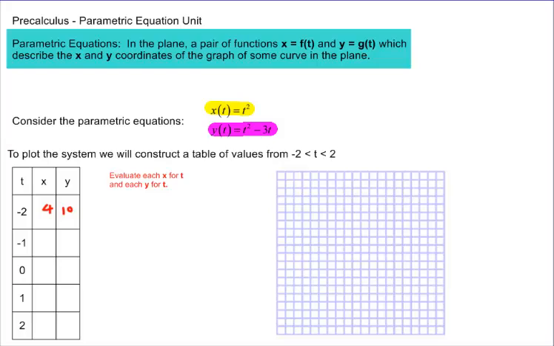What about negative 1? So x equals negative 1 squared, and y equals negative 1 squared minus 3 times negative 1. So x is 1, and y is 1 plus 3, which is 4. So 1 and 4 are the points we're going to plot.